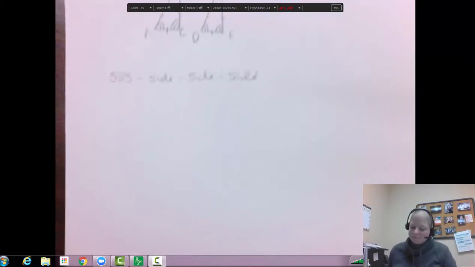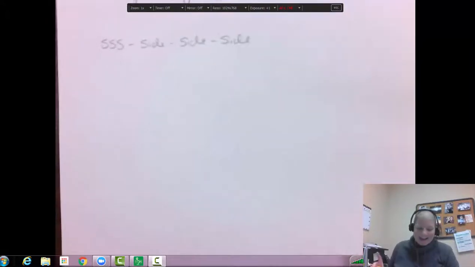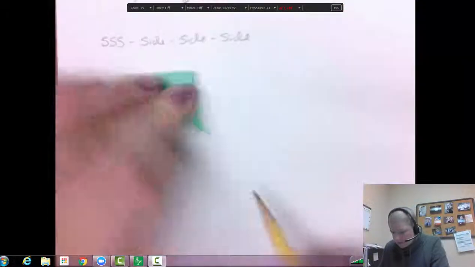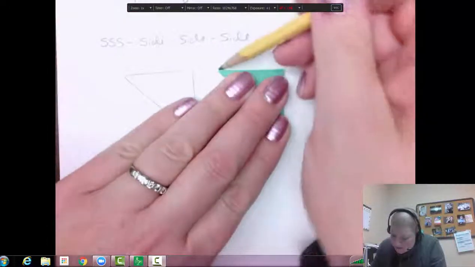So let's look at side, side, side, and make sure we understand the theorem for this. So I'm going to cheat and use this little piece here. Maybe I'll make it look the same for this one. That's fine.